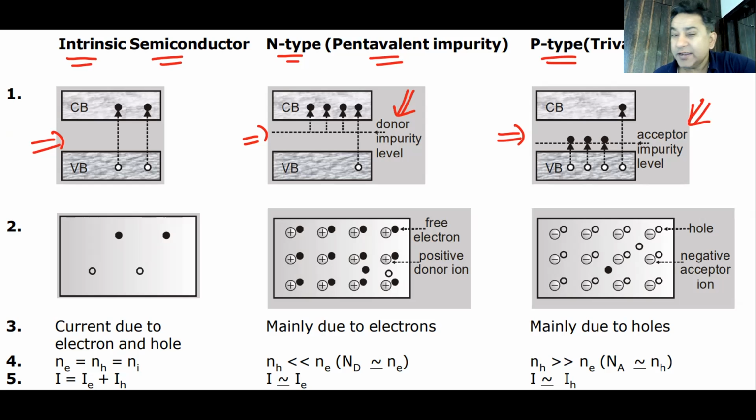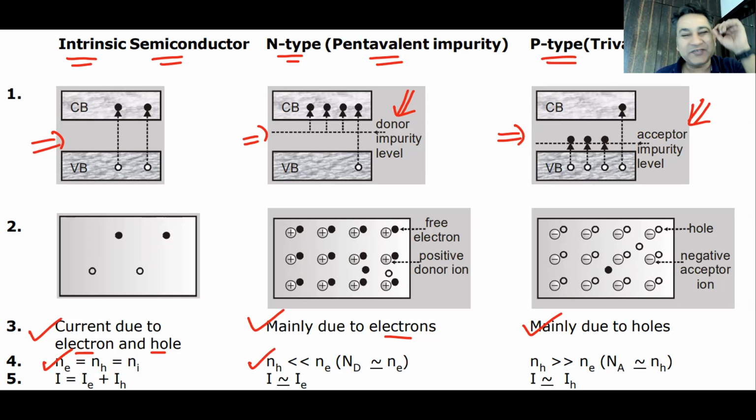Now, in intrinsic semiconductor, current is due to electron as well as hole. In N type, it is majorly due to electron. They are the major carriers. In P type, the current is due to holes. Point number 4, number of electrons and number of holes are the same.